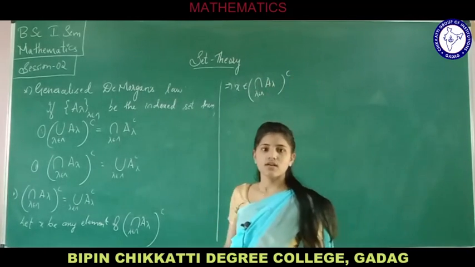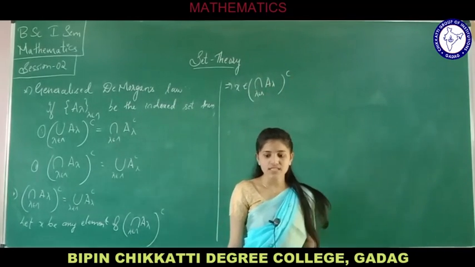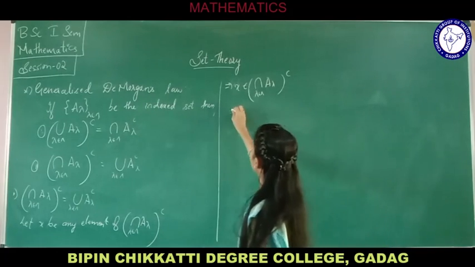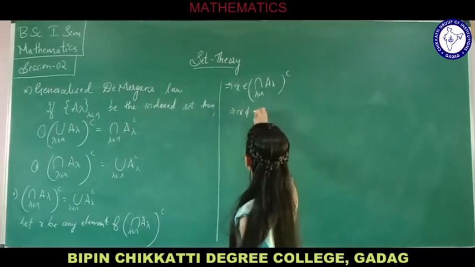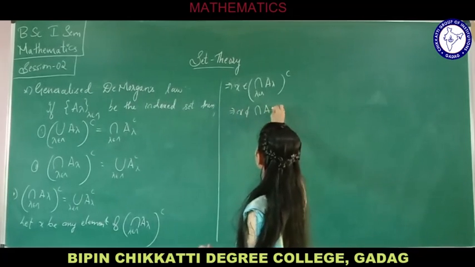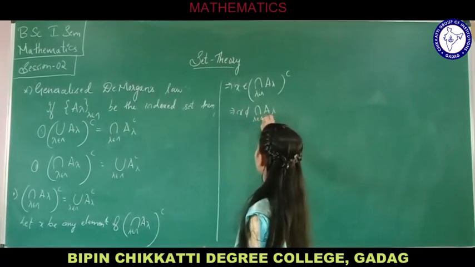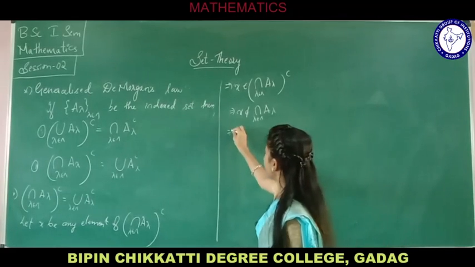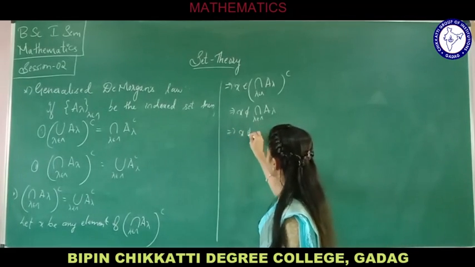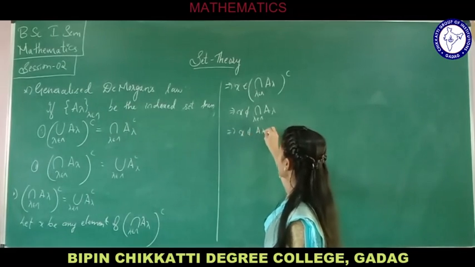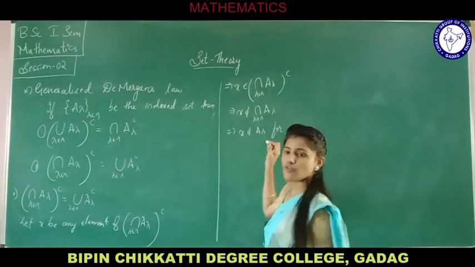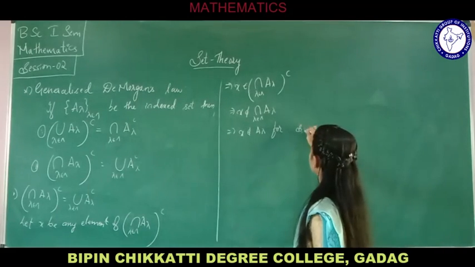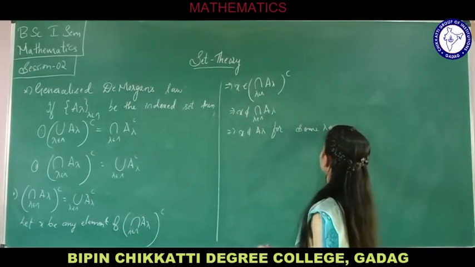It just means that x is not going to belong to the intersection of A lambda where lambda belongs to this indexed set. It means that x is not going to belong to A lambda for some lambda belongs to this indexed family.